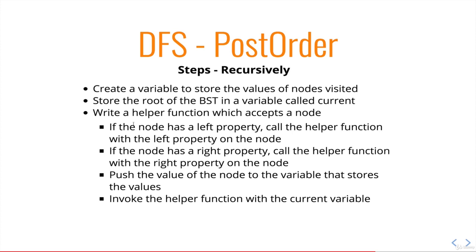We're then going to write a helper function that accepts a node, and recursively, we're going to do these three steps. If there's a left property, call the helper function on the left property. If there's a right property, traverse the right property. And then push the value of the node to our variable that stores our visited values, and then invoke the helper function with the current variable. And then finally return the array of values.